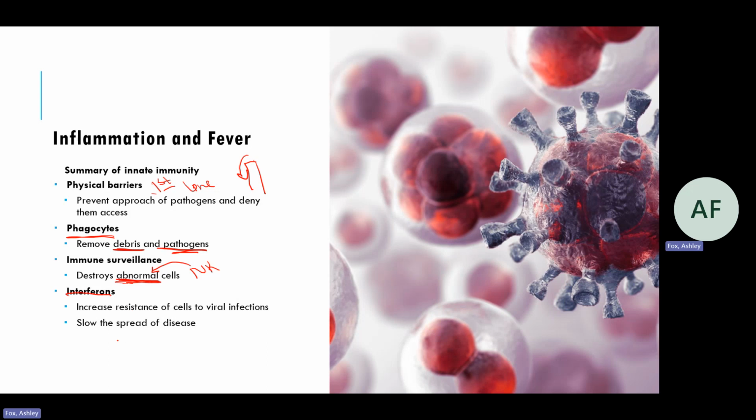Remember, those are where the neighboring cells are going to produce antiviral proteins. The antiviral proteins stop replication of the virus. And so you can come in, kill the infected cells, and the virus hasn't been able to reproduce. So you slow the spread of the disease, and give time for the rest of your immune system to get to the area.